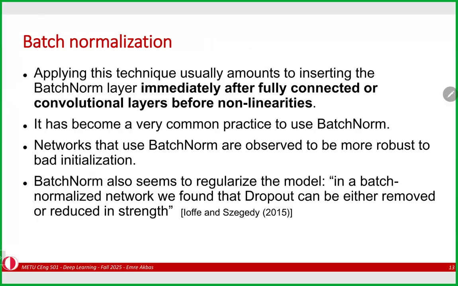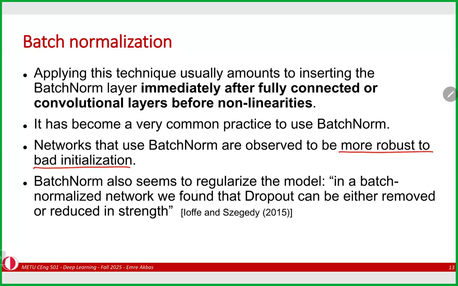It has become a very common practice to use batch norm in many high-performing networks. Networks that use batch norm are observed to be more robust to bad initialization, so it also covers some other problems.